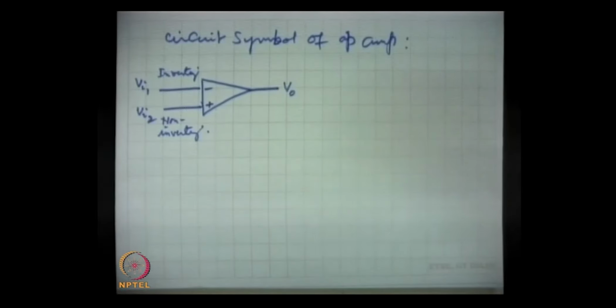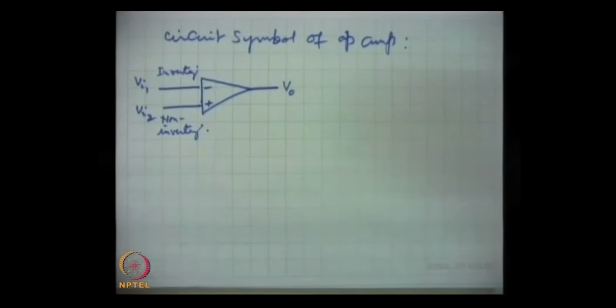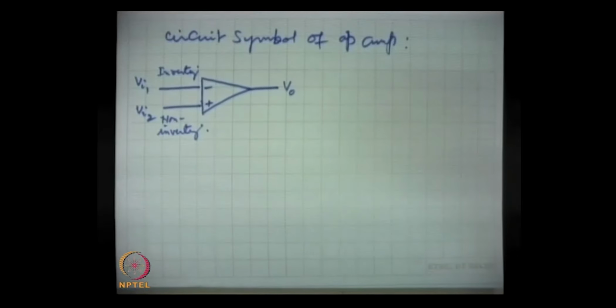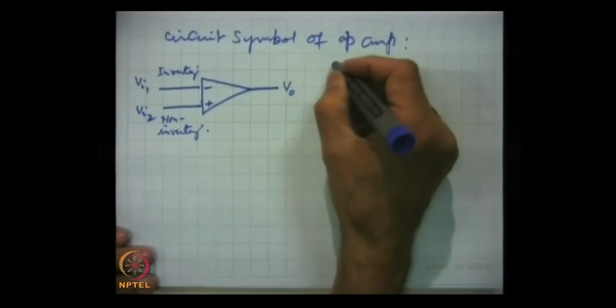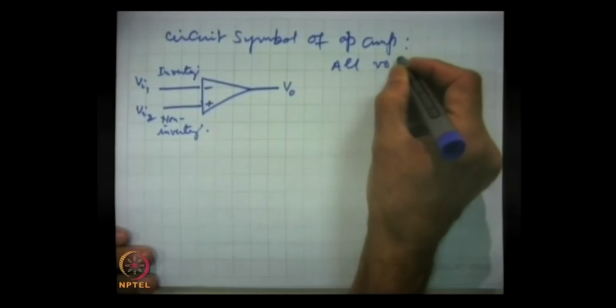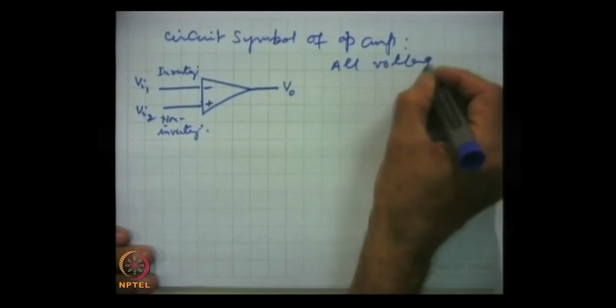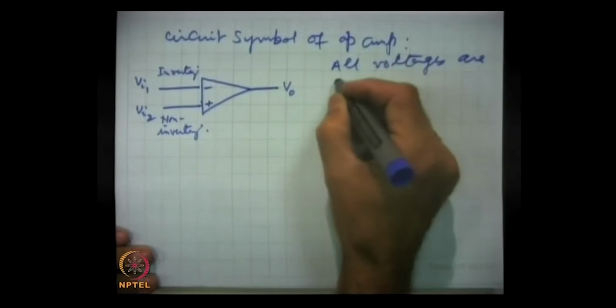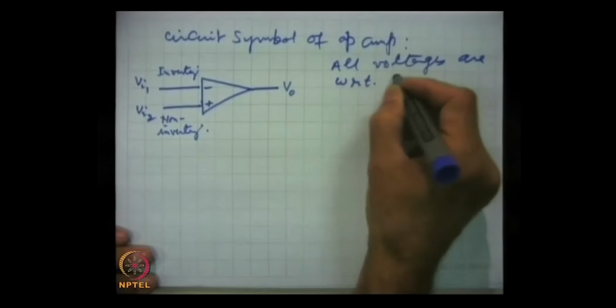Two inputs, and this is the circuit symbol for an op-amp. All voltages are with respect to ground.